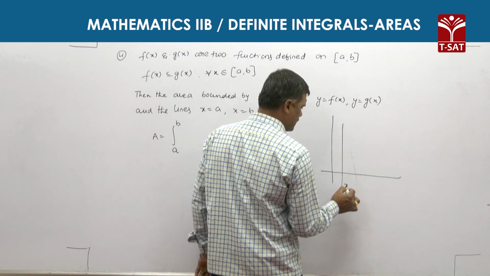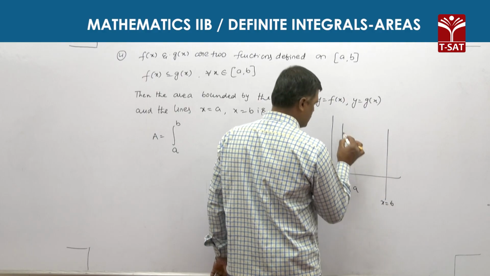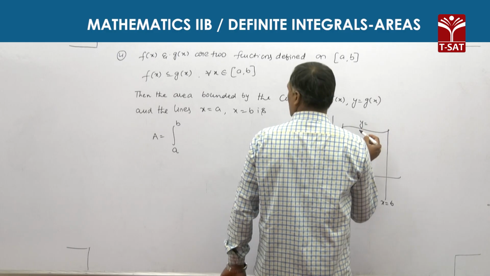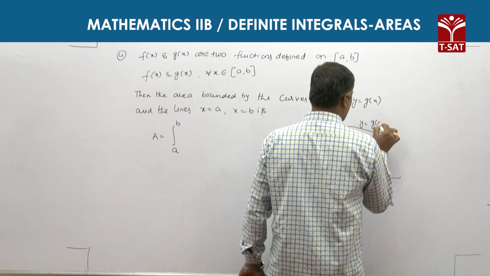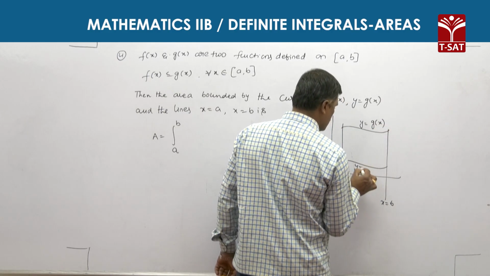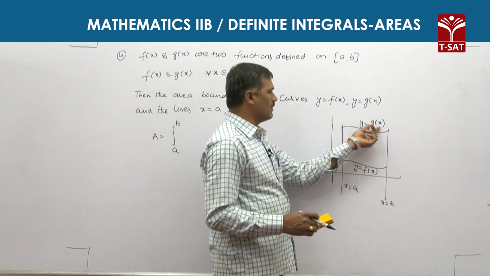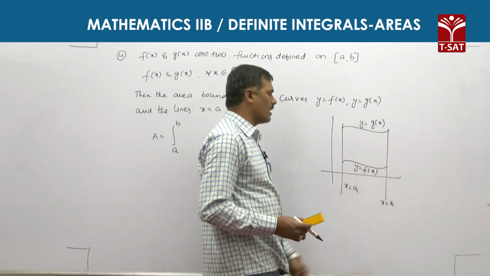This is x = a and this is x = b. This is the curve y = f(x), y = g(x). f(x) is less than or equal to g(x) means g(x) is the upper curve, f(x) is the lower curve.